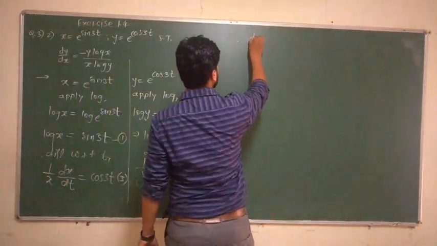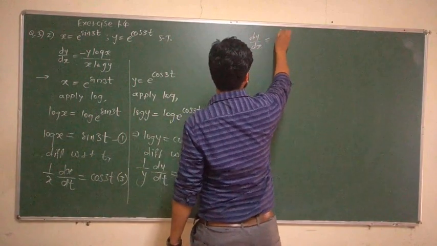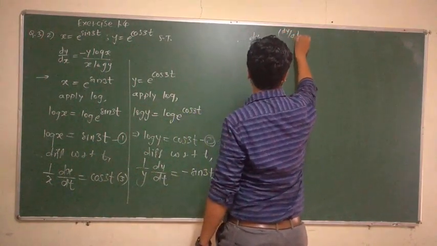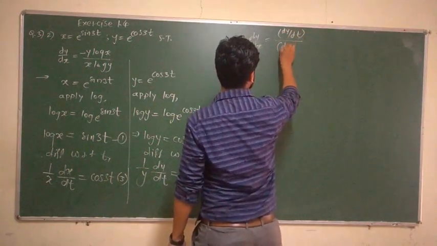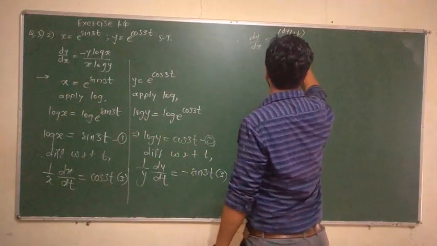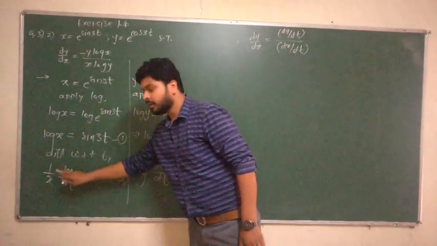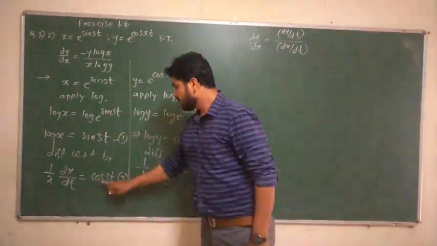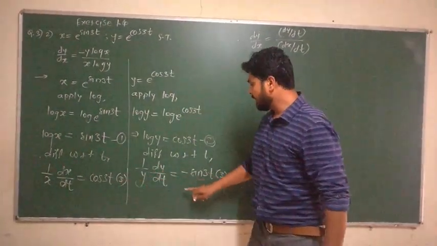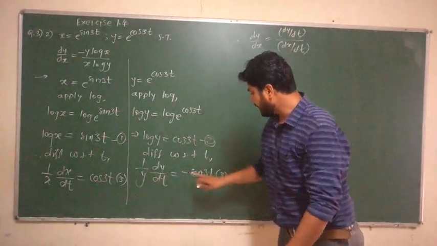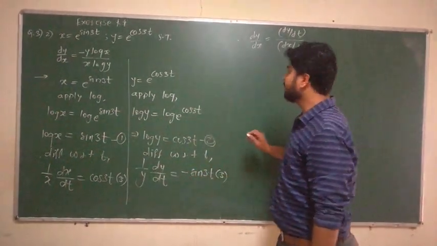So therefore, dy by dx is equal to what? dy by dt upon dx by dt. So from this equation, what is the value of dx by dt? x into cos 3t into 3, and the value of dy by dt is y into 3 into minus sin 3t.